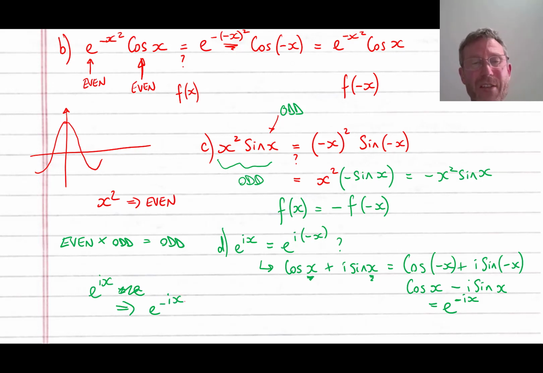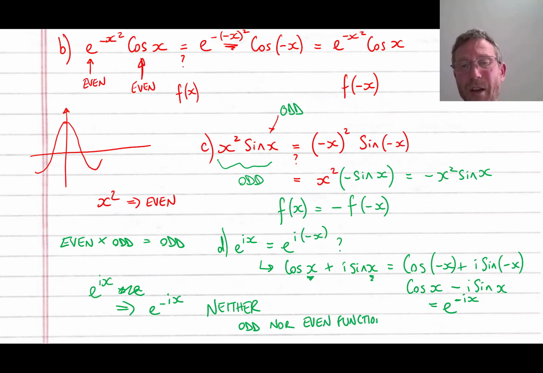So it turns out that, if you go back to looking at our definitions, this is neither an odd function nor an even function. Some functions are neither odd nor even. These are completely unequal, so we can't categorize it either as an odd or an even function.